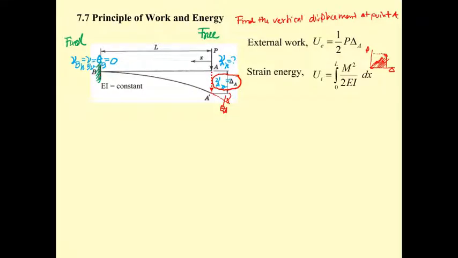And you have the strain energy in this form, as previously we need to determine the M, right? So we cut the beam for this distance of x. If the summation of moment equals 0, and this moment is positive, then your moment is going to be P times x.